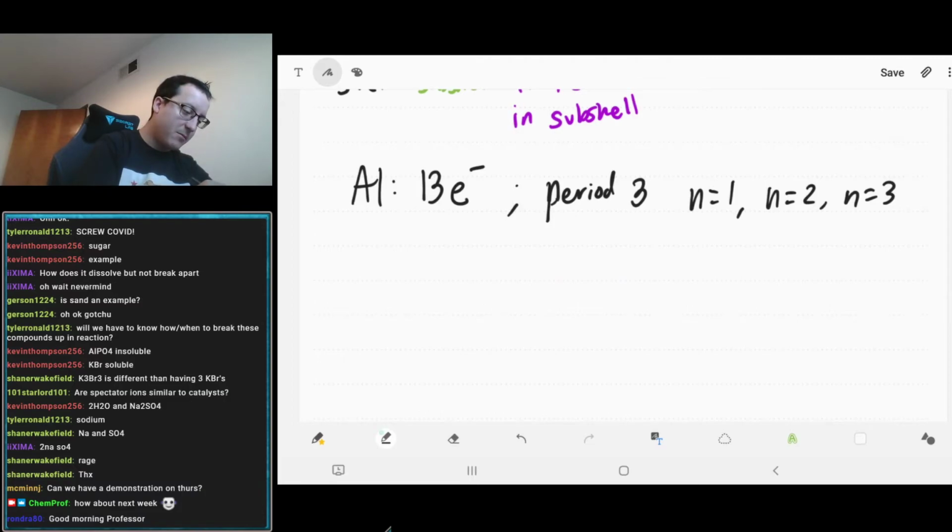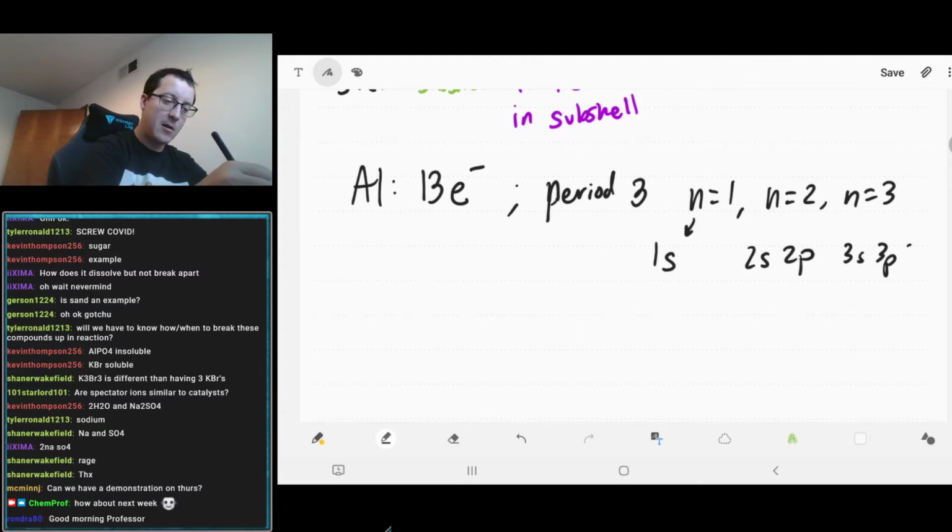So, remembering before that n equals 1 only has an S subshell, n equals 2 has 2 subshells, and n equals 3 has 3 subshells. These are the options we have, and we always want to fill them from lowest to highest, right?